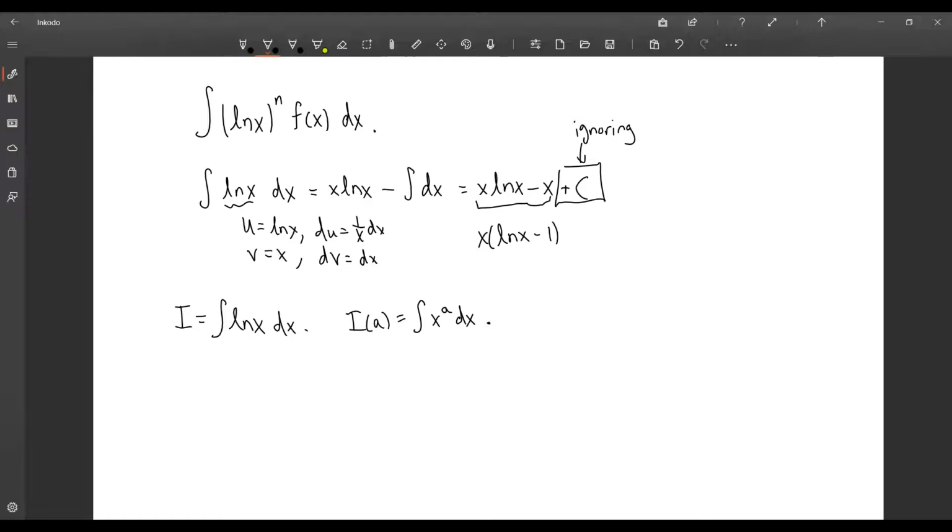Now, what happens if I take a derivative with respect to a? I is a function of a, so I'll denote this as I prime of a. But on the right-hand side, we have variables x and a, so we need to make it clear that we're taking a derivative with respect to a, and treating x as a constant.